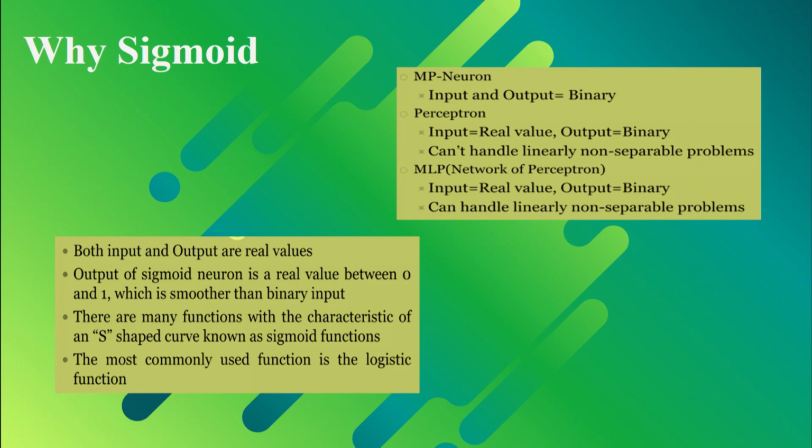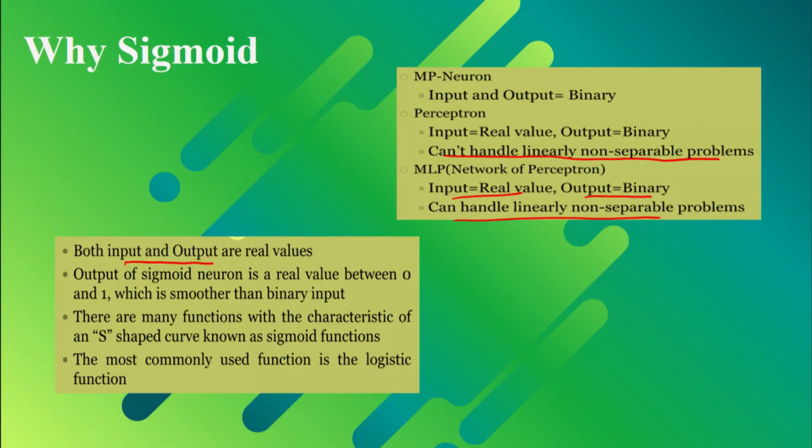If you take a perceptron, the input value will be a real value and the output will be a binary value, and this perceptron cannot handle linearly non-separable problems. If you take the network of perceptrons, the input is a real value and the output is similarly a binary value, but this can handle linearly non-separable problems.